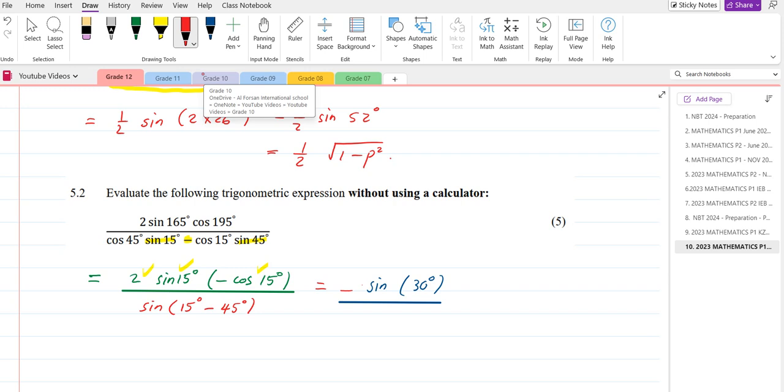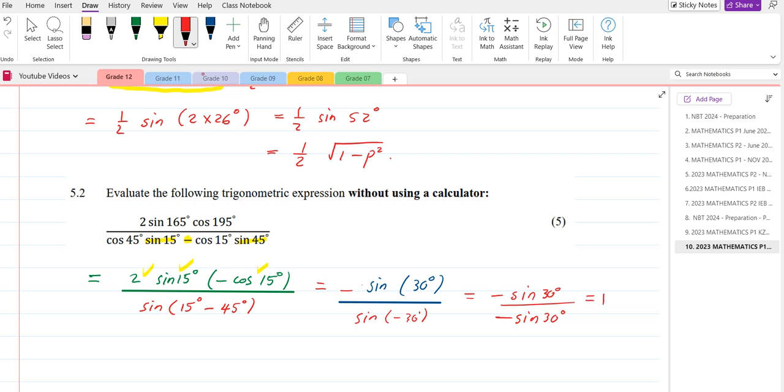I've got sine of negative 30, which is negative angle. So negative sine 30 is half. Alright, so you can just write negative sine 30 over, denominator is also negative sine 30 degrees. So the answer is just 1.